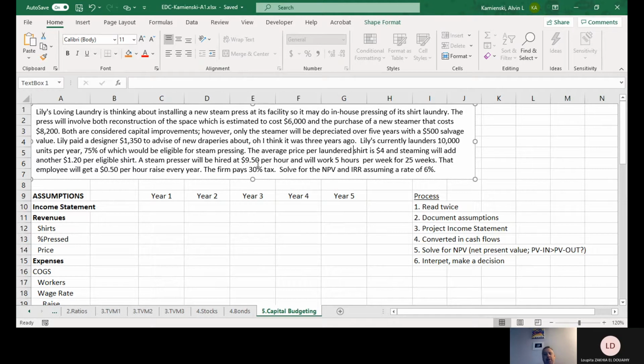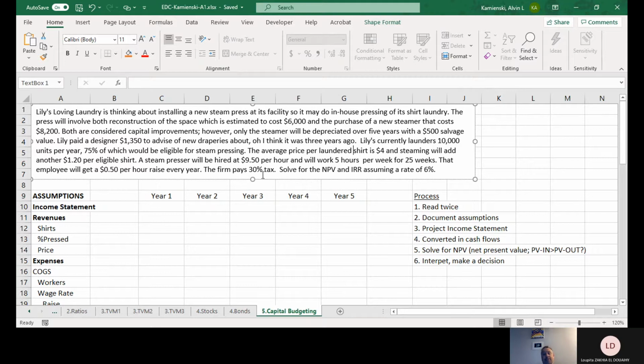Now, to have a steam presser, you're going to have to hire someone to do that work. And so you're going to hire someone and pay $9.50 per hour, and that person will only work 5 hours per week, and the person will only work basically every other week for 25 weeks. That employee is going to get a 50-cent raise per hour every year.